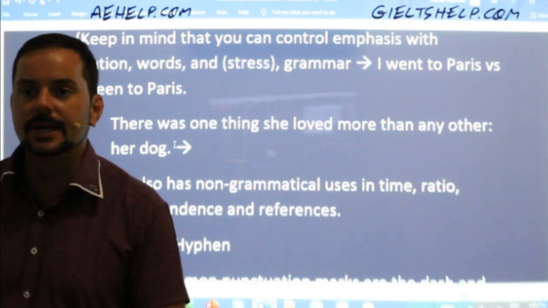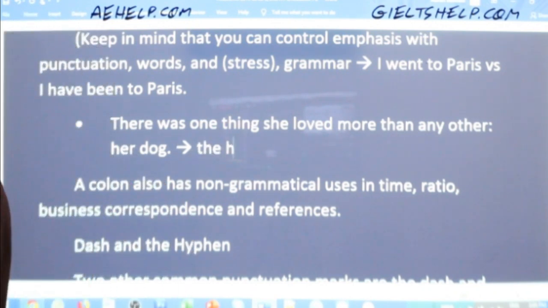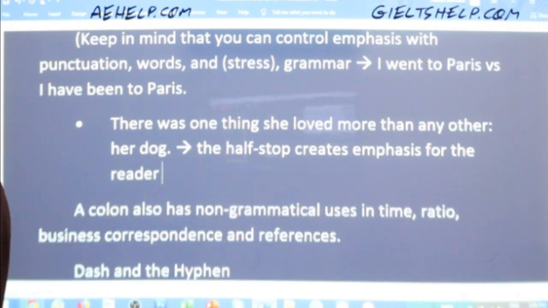That's not really it. So the half break, or the half stop, creates emphasis for the reader by creating anticipation.